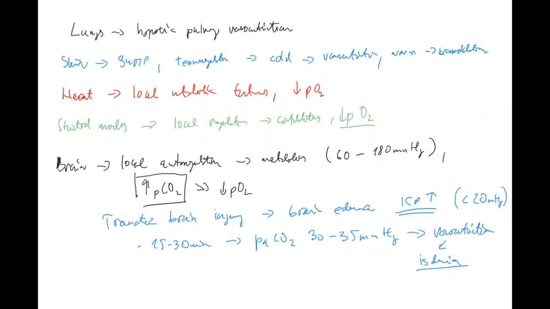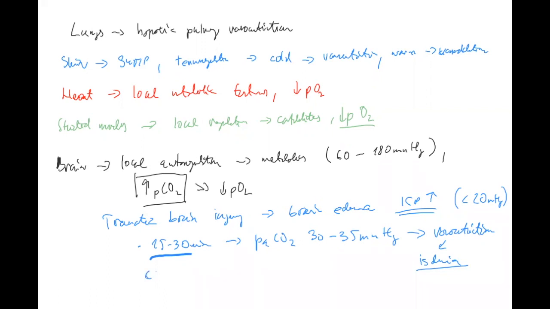They hyperventilate the patient for 15 to 30 minutes. It's effective only for this short time, then it's not effective and has many consequences. But short-term hyperventilation could decrease or blunt the increase of the intracranial pressure.